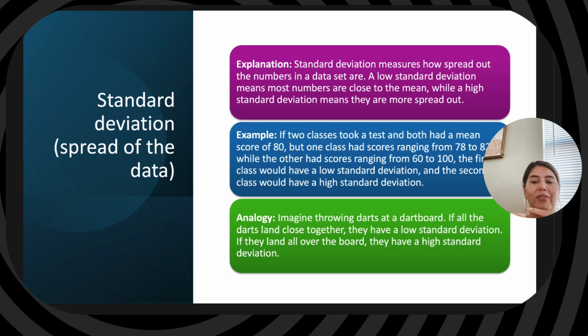And when you have a high standard deviation, it should put some pause in calculating and make you cautious of interpreting the data, because we don't know if it's really reflective of the collective experience of the students in the class.